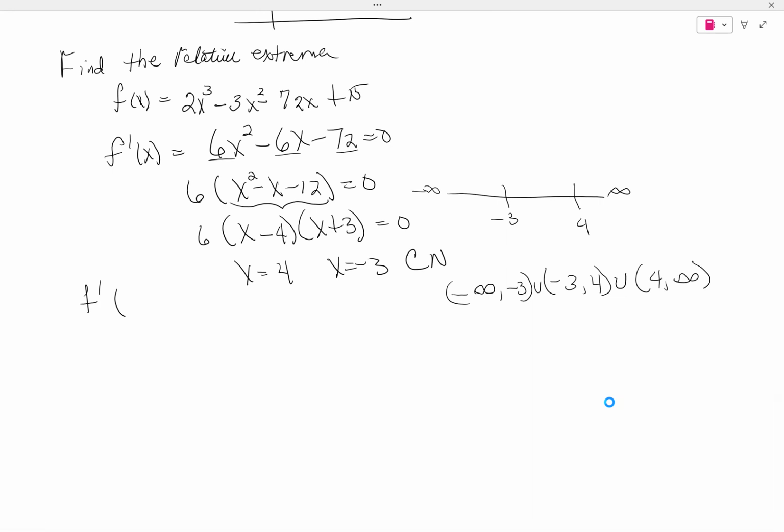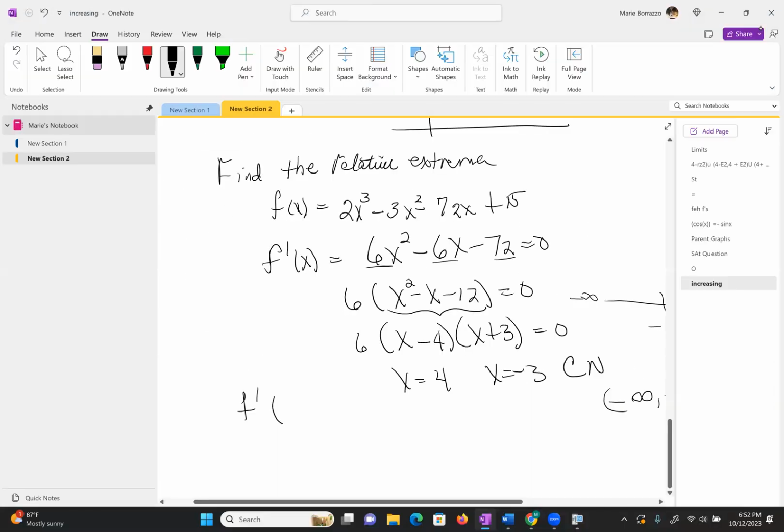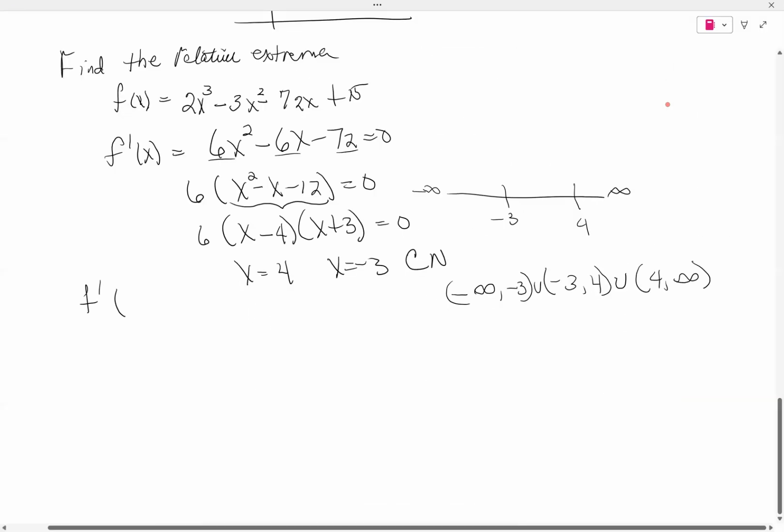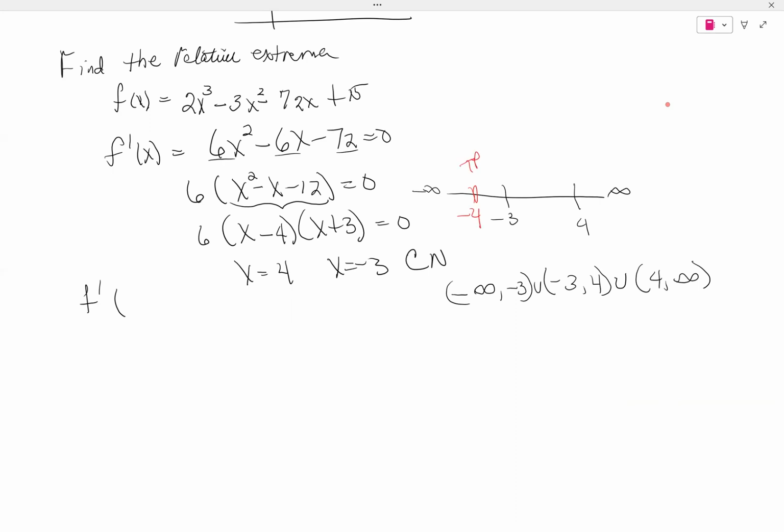So I want to test some points. Let's use some test points. I'll do them in red to differentiate them. So let's use -4 over here. That makes sense. So this is my test point in red. I'm going to use 0 because 0 is super easy as a test point between -3 and 4. And over here, I'm going to use 5 as another test point. And so we're going to see what happens.